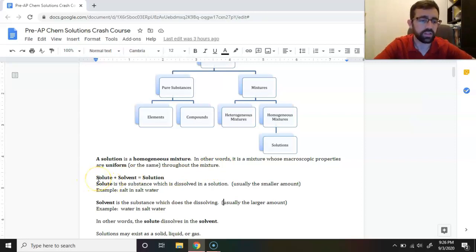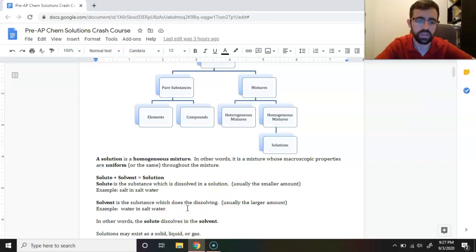A solution is made up of a solute and a solvent. Solute plus solvent equals solution. The solute is the substance which is dissolved in a solution. It's usually the smaller amount. In an example of salt water, salt is the solute. The solvent is the substance which does the dissolving. It's usually the larger amount.